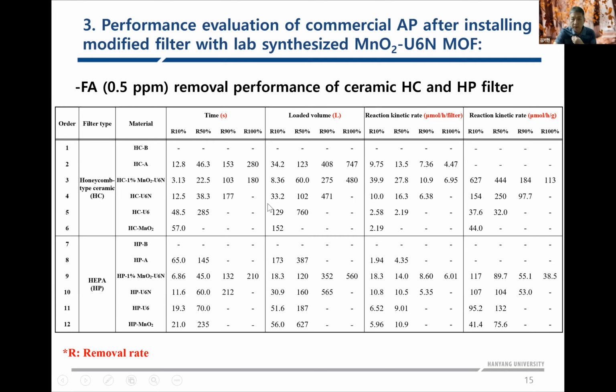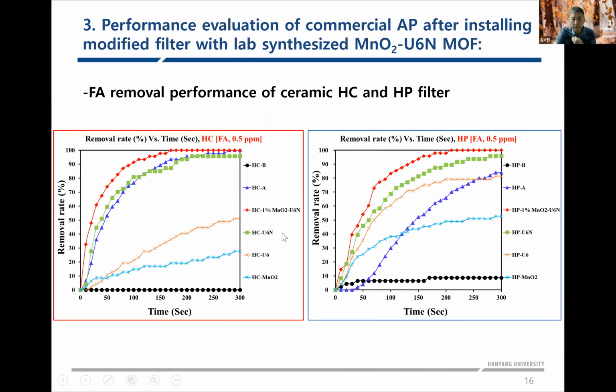So by comparing the performance of our best system versus what is purchased, we see absolutely dominantly better performance for treating formaldehyde. So our experiment was a great success in terms of this performance comparison. And this also shows the performance. Our best system shows the best performance here compared to the purchased honeycomb A system.